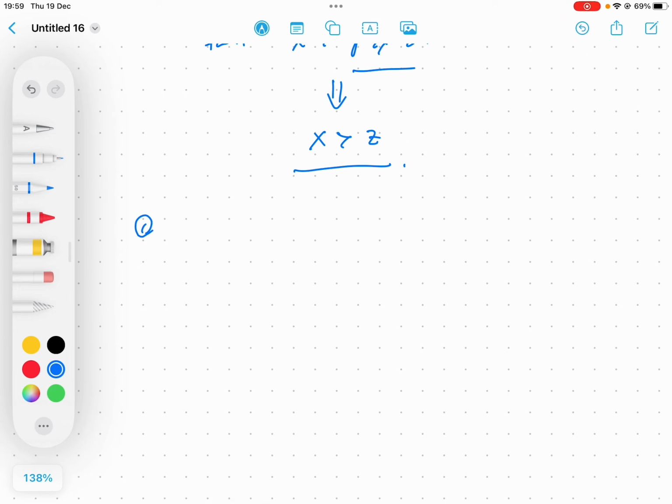And how about the second one? For the second, we're going to prove that the indifference relation is reflexive, transitive and symmetric.